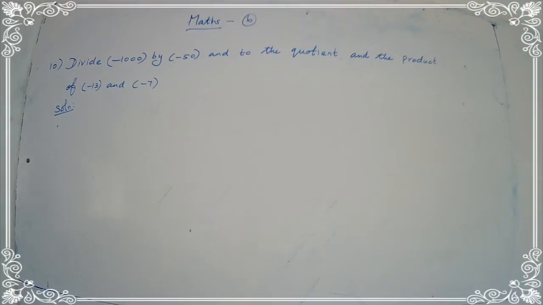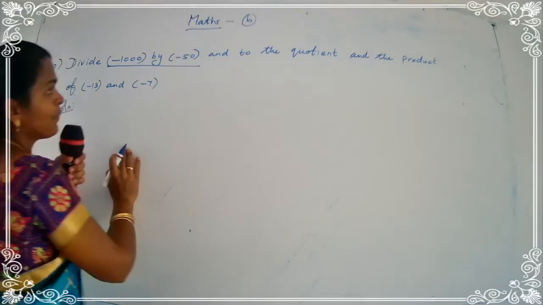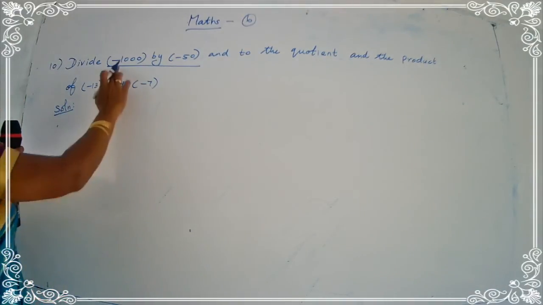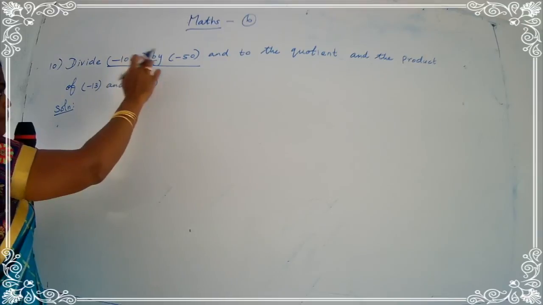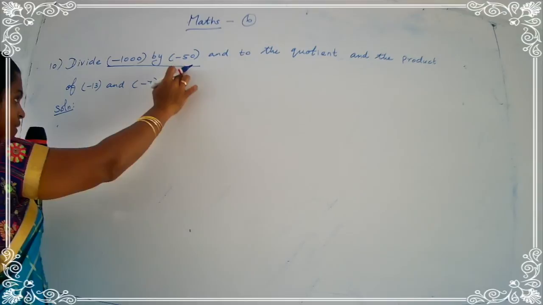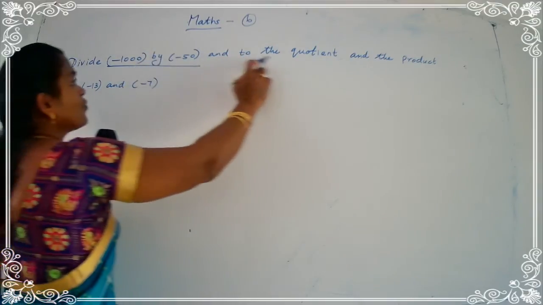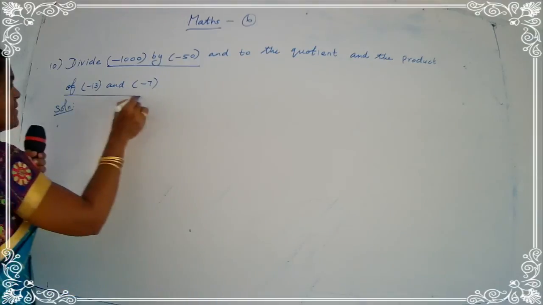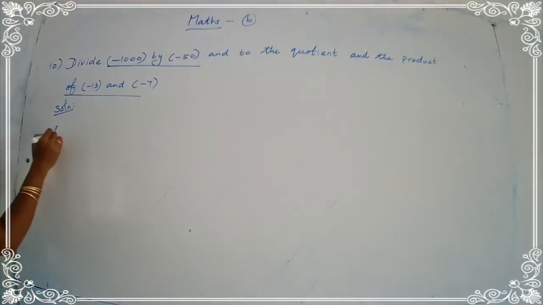Okay. So now you find the value of, first to find, what is the value? Minus 1000 by minus 50.